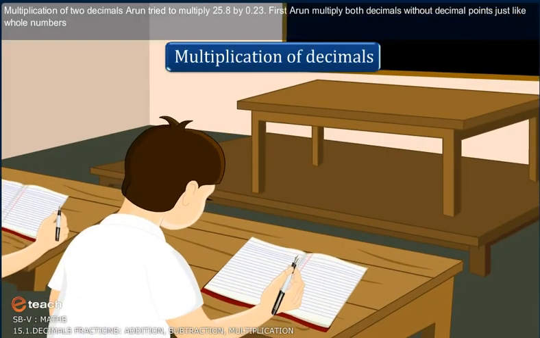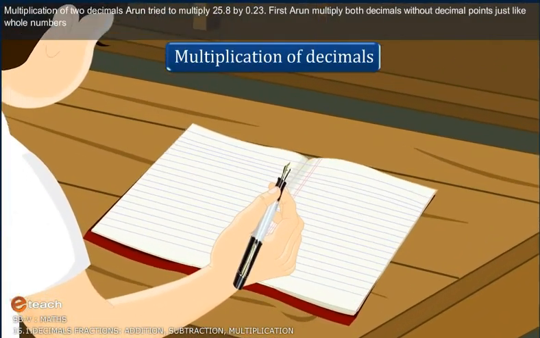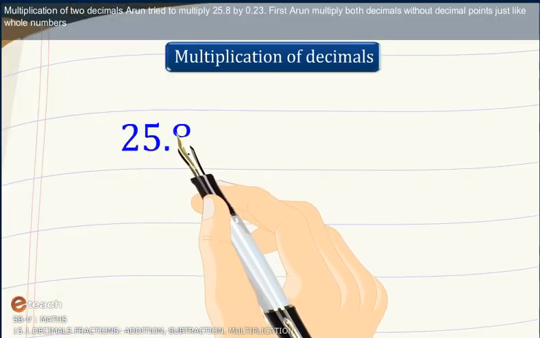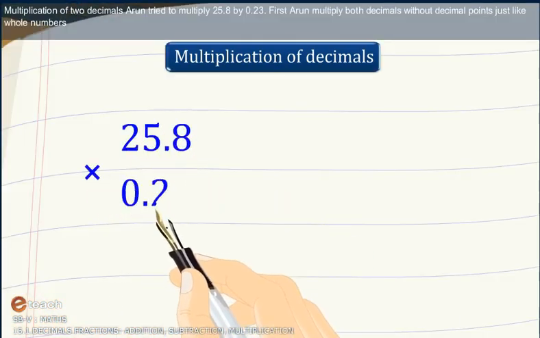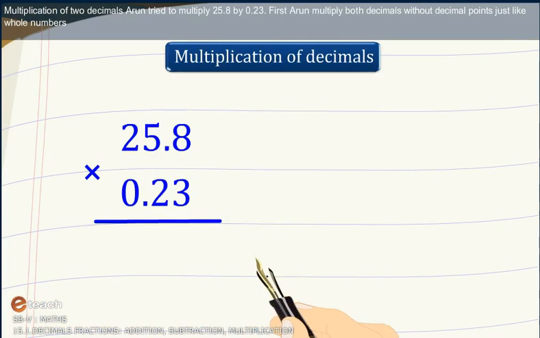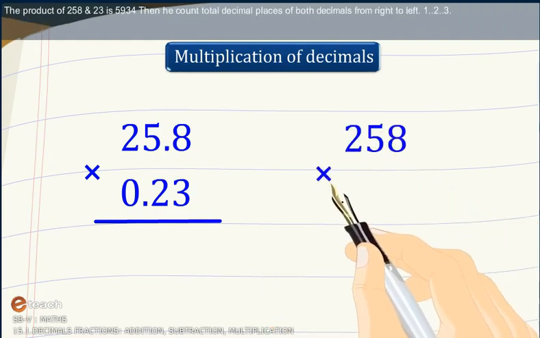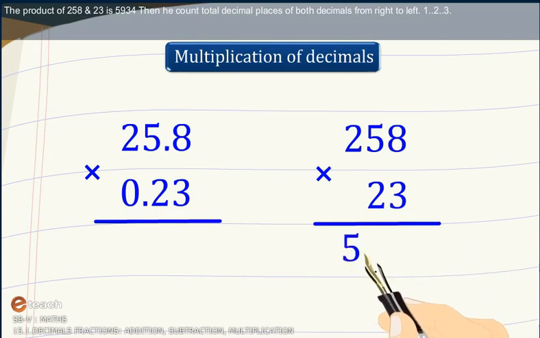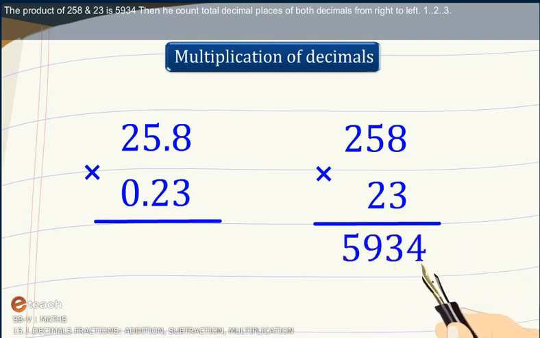Multiplication of two decimals. Arun tried to multiply 25.8 by 0.23. First, Arun multiplies both decimals without decimal points, just like whole numbers. The product of 258 and 23 is 5934.